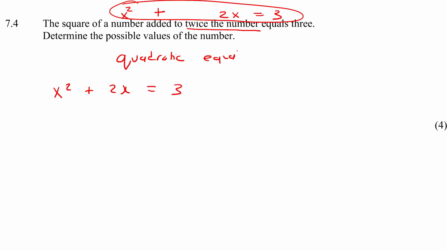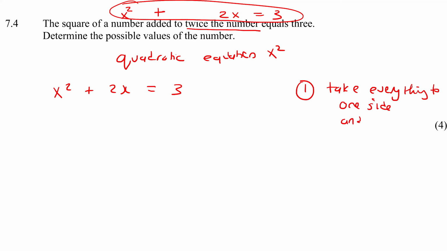So what are the rules when we have a quadratic equation which has that x squared that doesn't cancel out? Step 1, take everything to one side and make your equation equal to 0. So I'm going to take everything to the left.